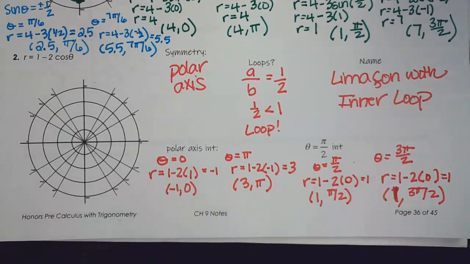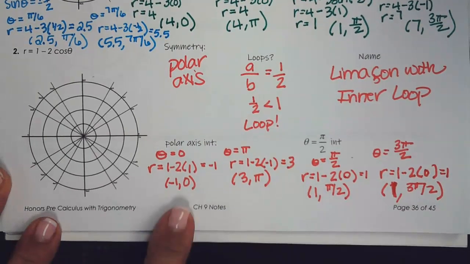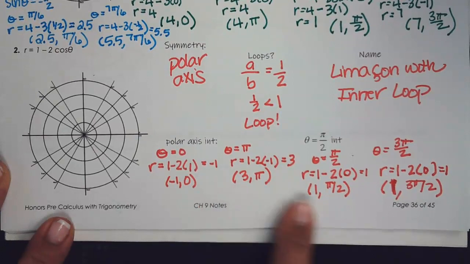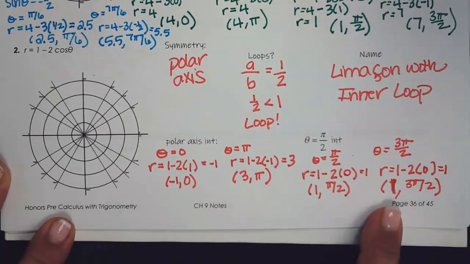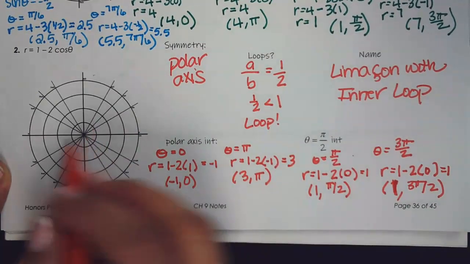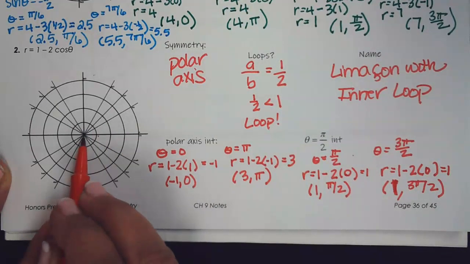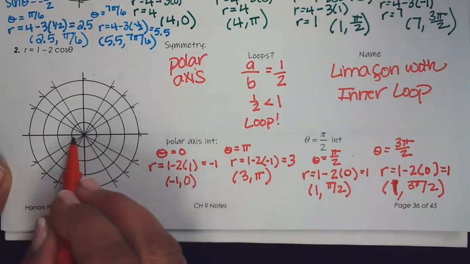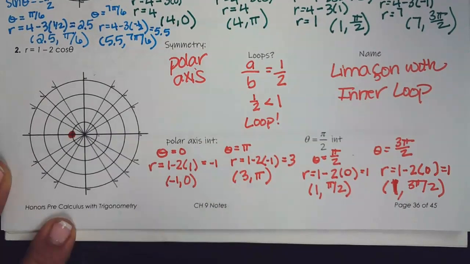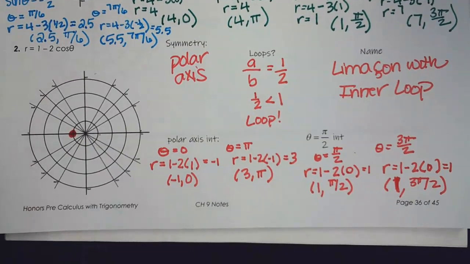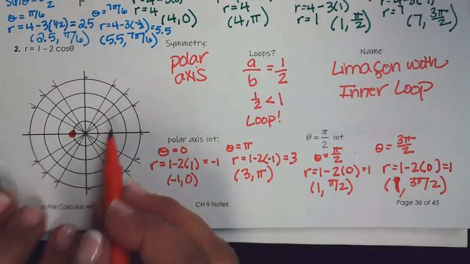So if we want to plot these points, my r doesn't look that big, all right? So I can just keep the scale 1, 2, 3, 4. -1, 0 is going to end up over here on the left, isn't it? Because I need to go backwards from 0.